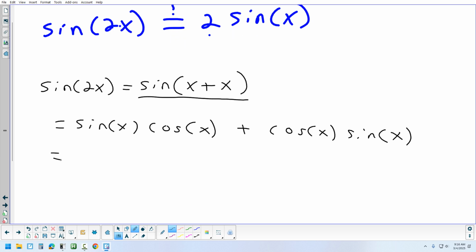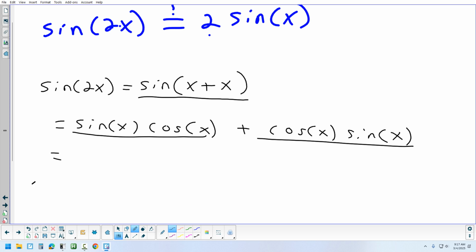What do you notice there? It's the same thing, right? That and that are the same. So what would you get when you combine them together? Sine x squared cos x squared? Well, we're combining them by adding them.